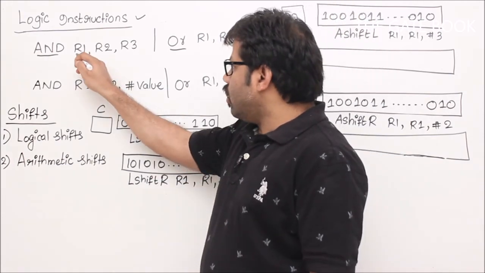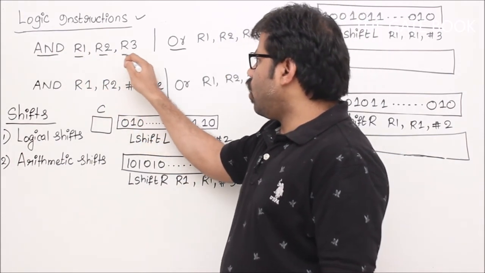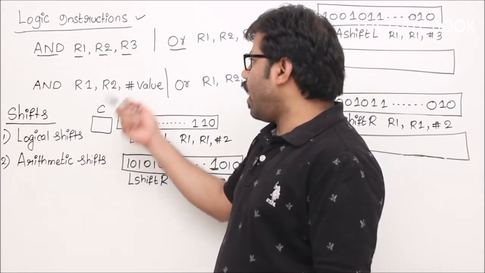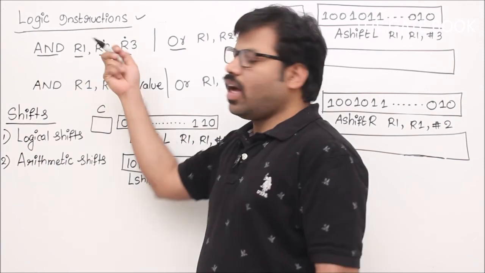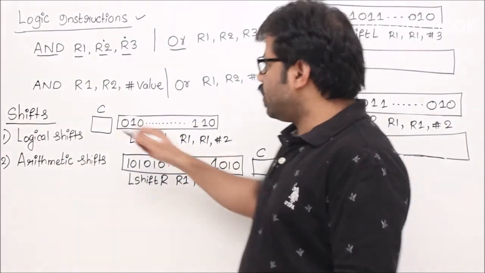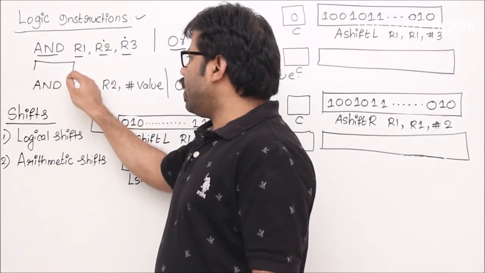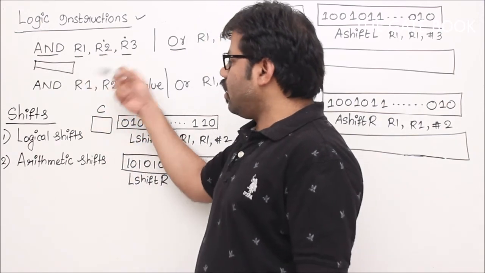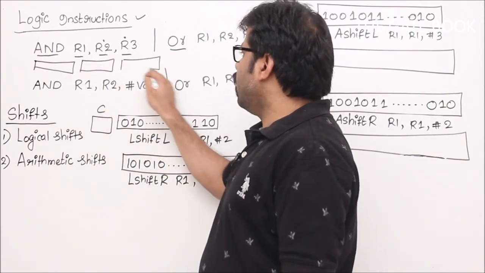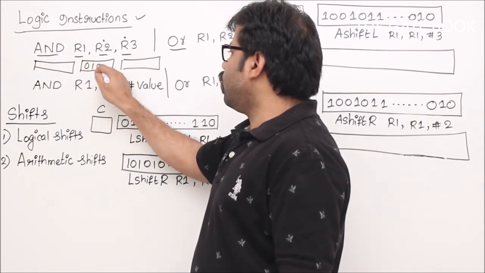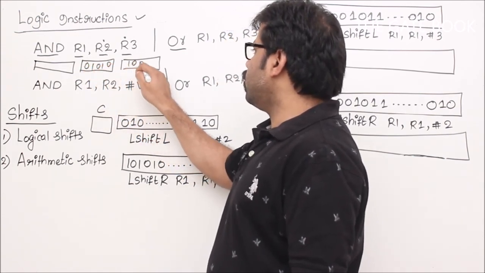So here, when I write AND R1, R2, R3, what is going to happen is it's like ADD, but R2 and R3 are ANDed and the result is stored in R1. That's it. So for example, you have some 5-bit registers. Generally R1, R2, R3 are 32-bit registers, but I show with 5-bit registers only to avoid much space. Assume that R2 is 01010 and R3 is 10010.